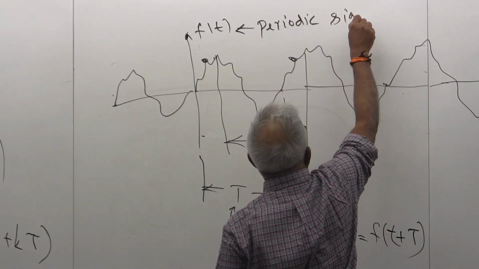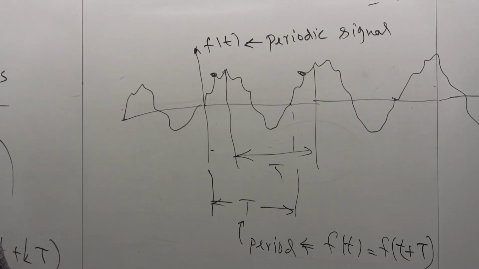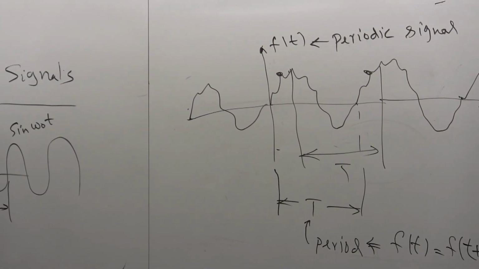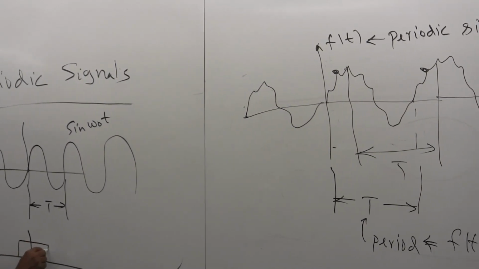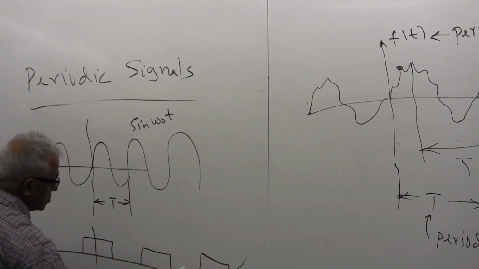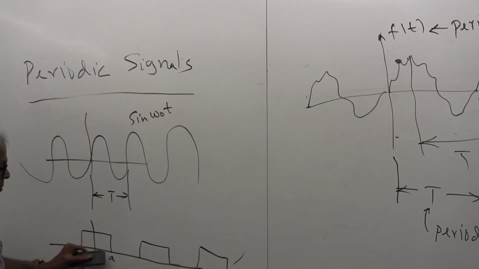The simplest and neatest periodic signal is this waveform, but these are all periodic signals. Let me give you some nice examples. What is the period here?